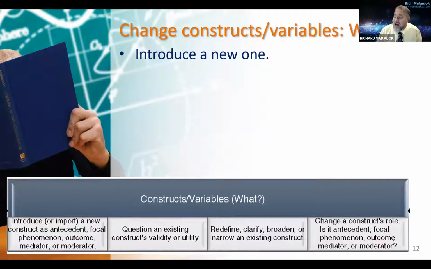So another way of making a contribution to theory through the constructs or variables is to question an existing construct or variable. A great example of this was when Jay Barney published an article questioning the usefulness of the whole construct of strategic groups.